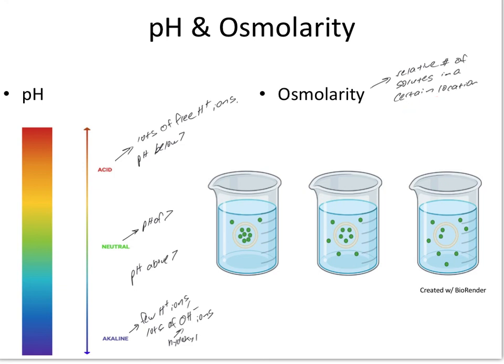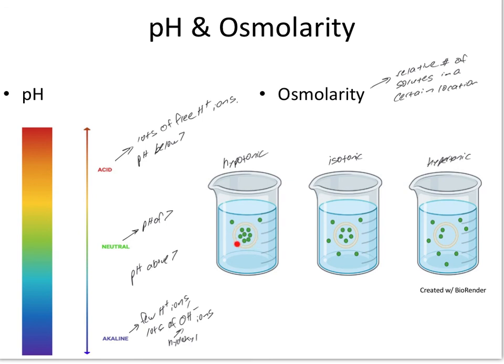So we can group solutions and cytoplasms into kind of 3 main categories. We can say hypotonic solutions, isotonic solutions, and hypertonic. Hypotonic solutions are those that have fewer solutes than the cytoplasm of a cell. So this is our cell here.